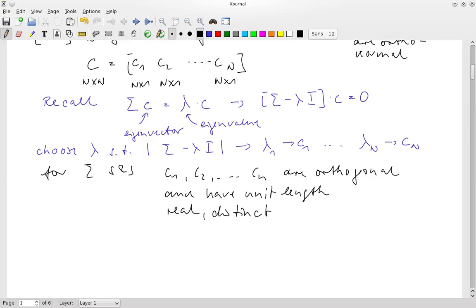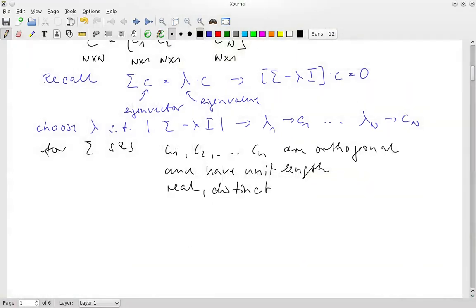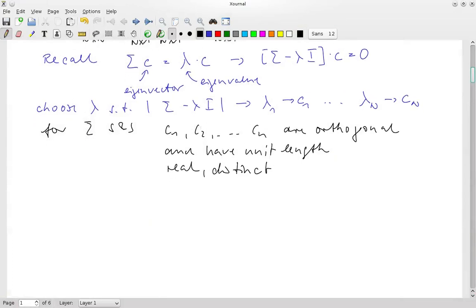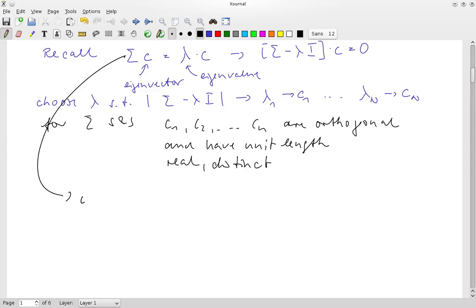Now, this equation that gives us the eigenvectors can be written in a compact way. I say, okay, this is sigma, the matrix as it is. Now I'm using the big C here, which has in its columns those n eigenvectors. So this is the n by n matrix big C. This is my n by n sigma, and that is equal to C times big lambda, and this big lambda collects on the main diagonal the eigenvalues.